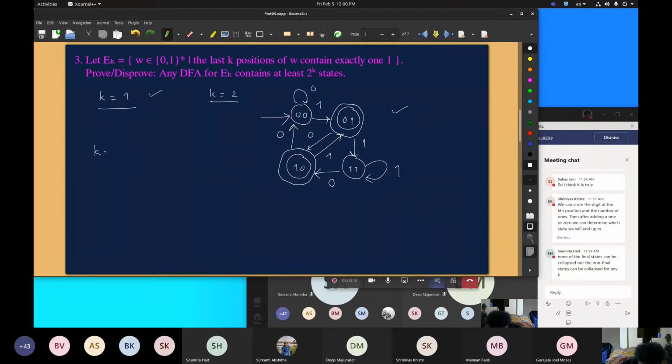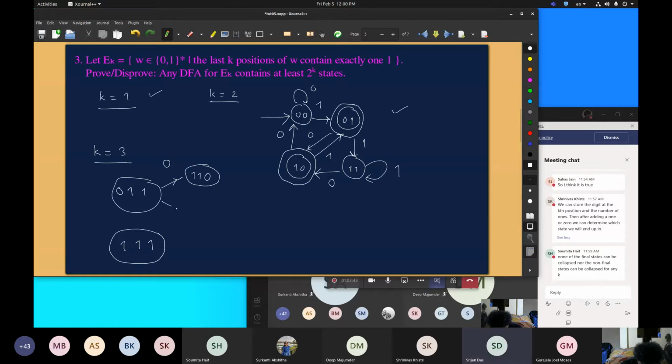Let us take k equal to 3. Consider these two states. 0, 1, 1 and 1, 1, 1. If I read 0 from here, where do I go? 1, 1, 0, right? Yes, sir.